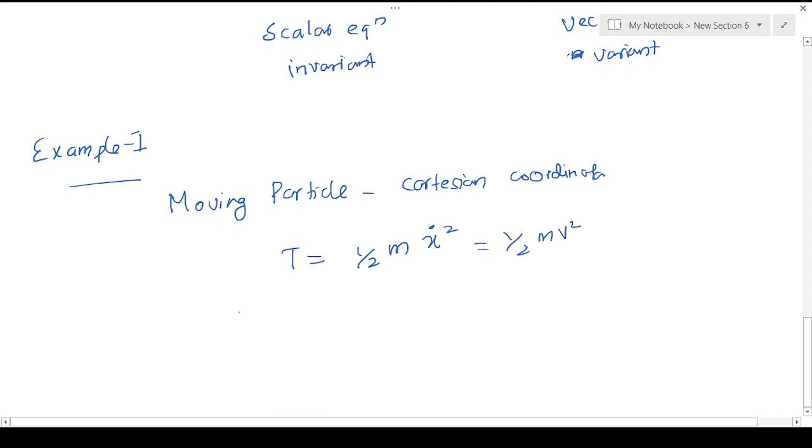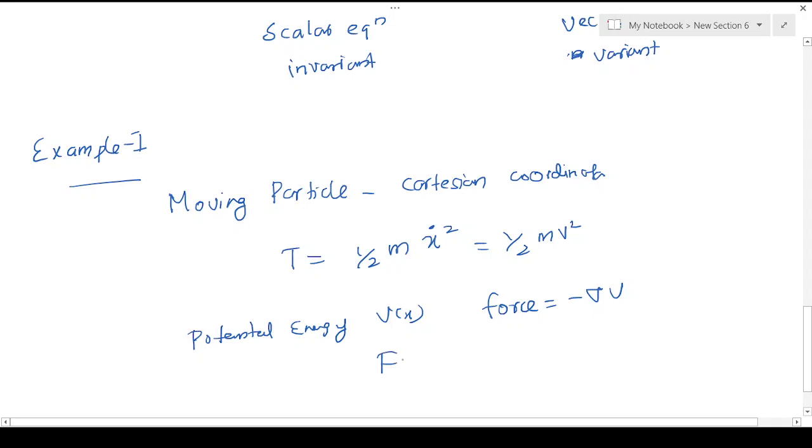Okay, and the potential energy associated with this is V of x. If you consider the force, we know that it is minus del V. So that is the negative gradient of the potential that we already know.